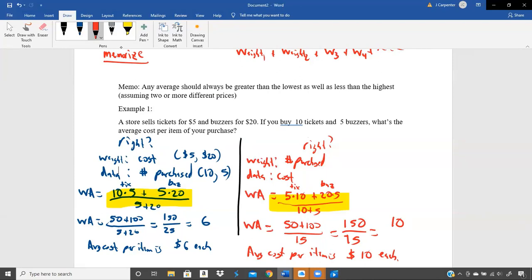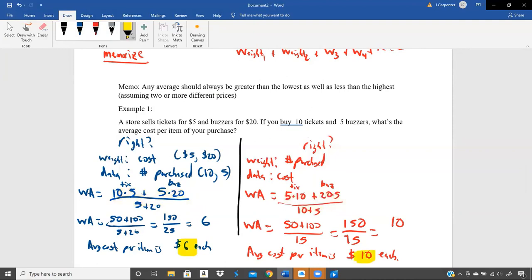So 5 and 20, that means that whatever average we get has to be between 5 and 20. It can't be any smaller than 5, it can't be any bigger than 20, and both of our possibilities are in that window, unfortunately, but I did that intentionally. One answer was 6, the other was 10. Both are between 5 and 20.